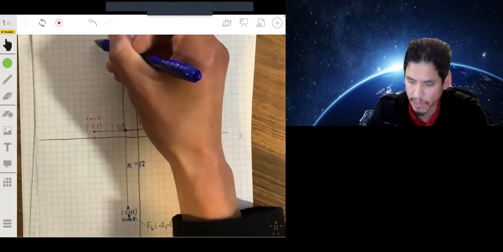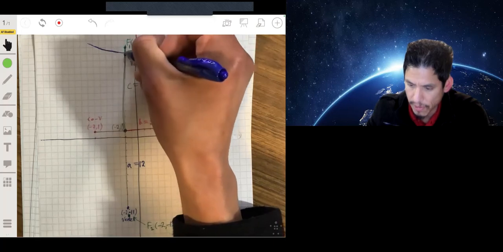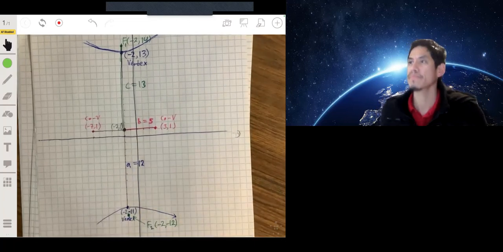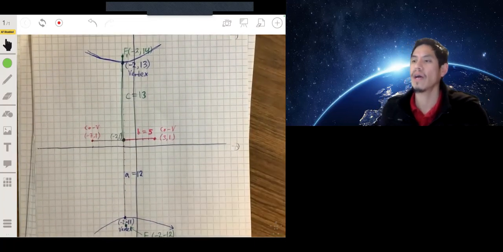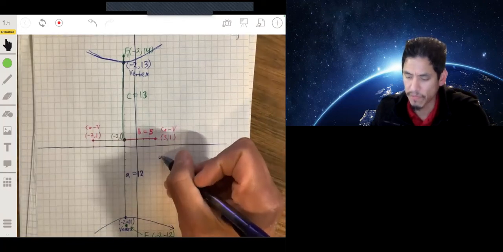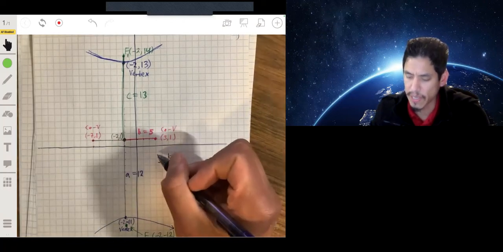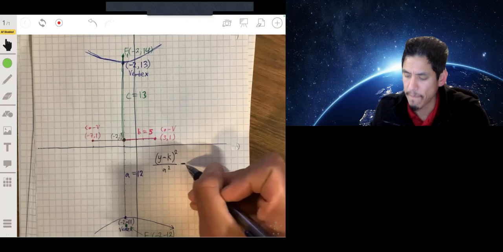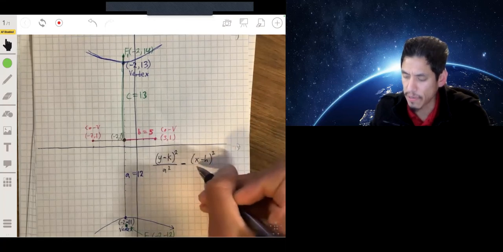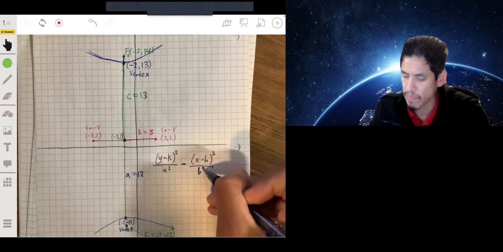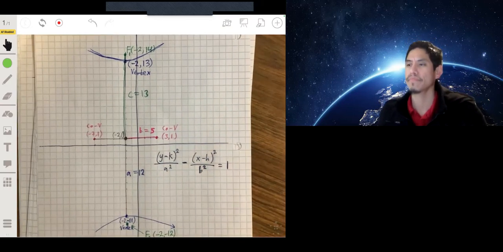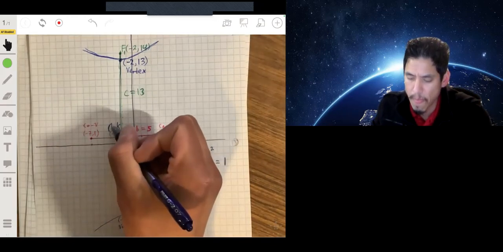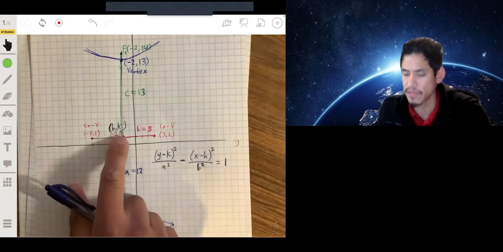So the hyperbola will look something like this, opening up through that. It doesn't really work that well. The other one will be like that. So we're going to have a vertical hyperbola, with the form y minus k squared over a squared minus x minus h squared over b squared equals 1. Remember, the center is at h, k, so h is negative 2 and k is 1.